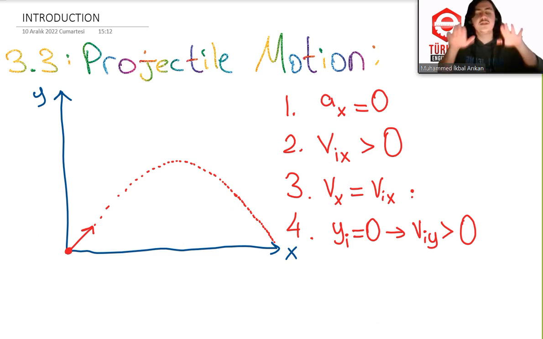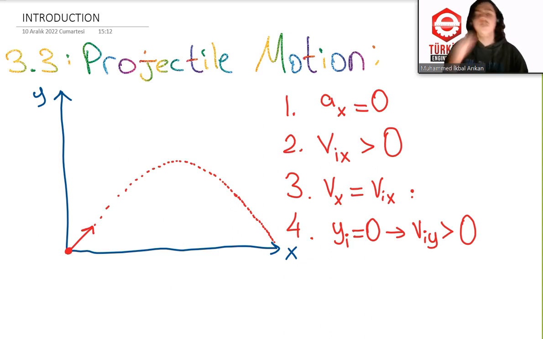If I'm just on the ground and I'm moving, that means I will slide on the x-axis, and there is no velocity in y. It will be 0, and because you are on the surface of the earth, gravity will not make you move down. There is no space to move down. So if your initial height is 0, you must have a positive initial velocity in the y.